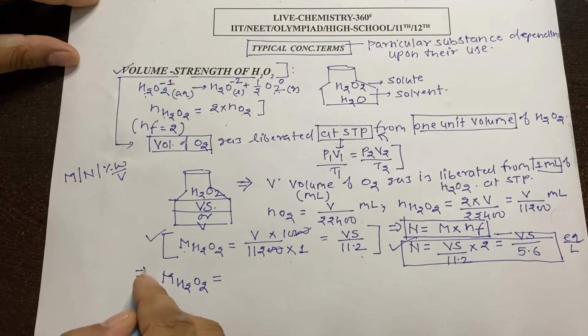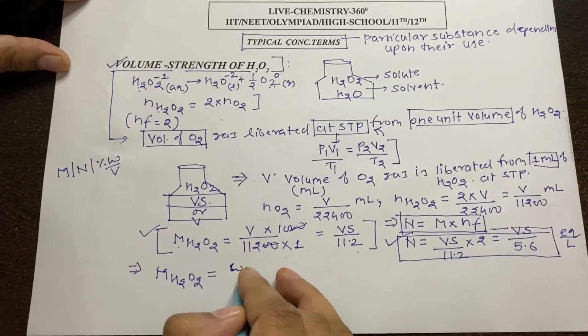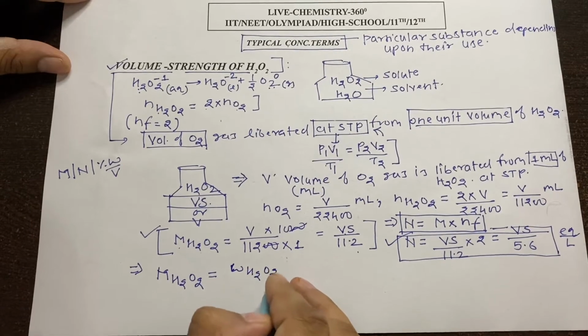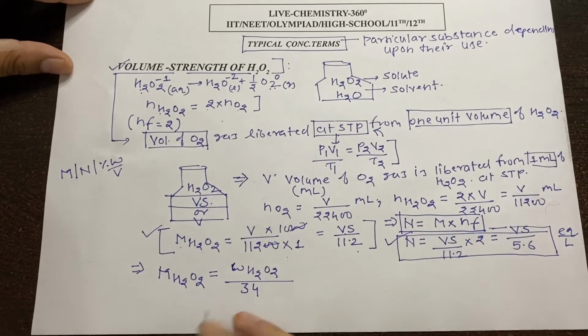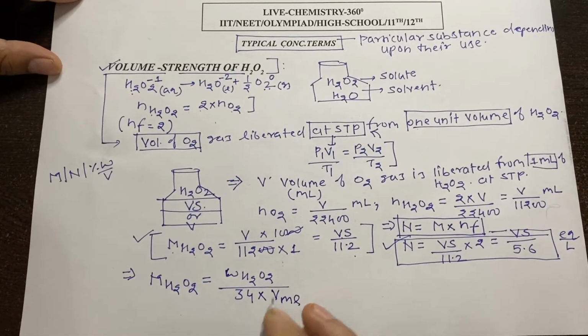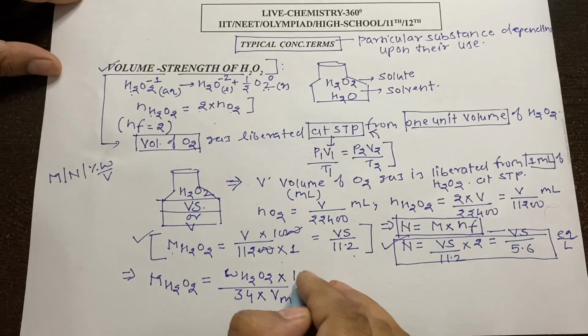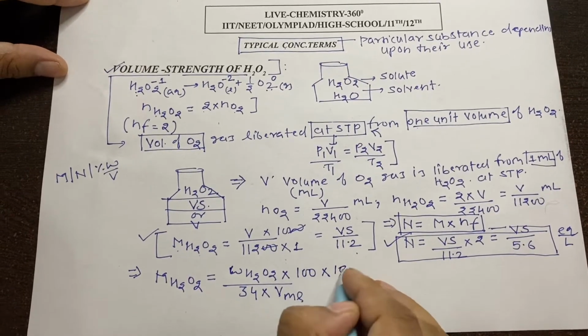We know that the molarity of H2O2 is moles of H2O2, which is mass of H2O2 divided by 34, divided by the volume of H2O2 solution in ml into 1000, and in 1000 I am writing 100 into 10.